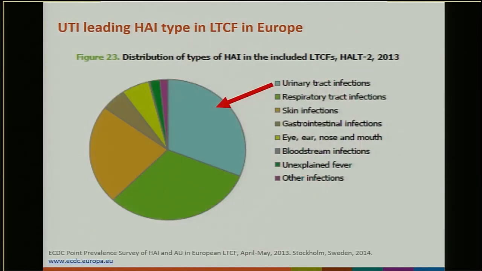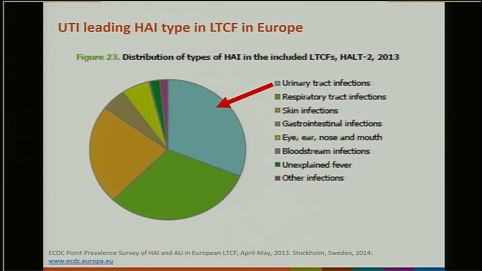And just to point out why we spend so much time thinking about urinary tract infections in nursing homes, here's a similar pie chart that actually comes from long-term care facilities in Europe. As I mentioned yesterday, the European CDC has a fairly long history of doing point prevalence surveys in their long-term care facilities.